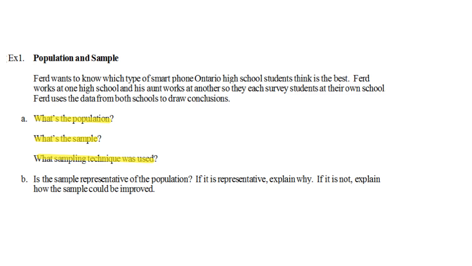If I asked you, what is the population? You've got to remember that the population is basically Ontario high school students. Remember, at the beginning of the question, it talked about who the people are that we're looking at. The people that we're looking at are Ontario high school students.